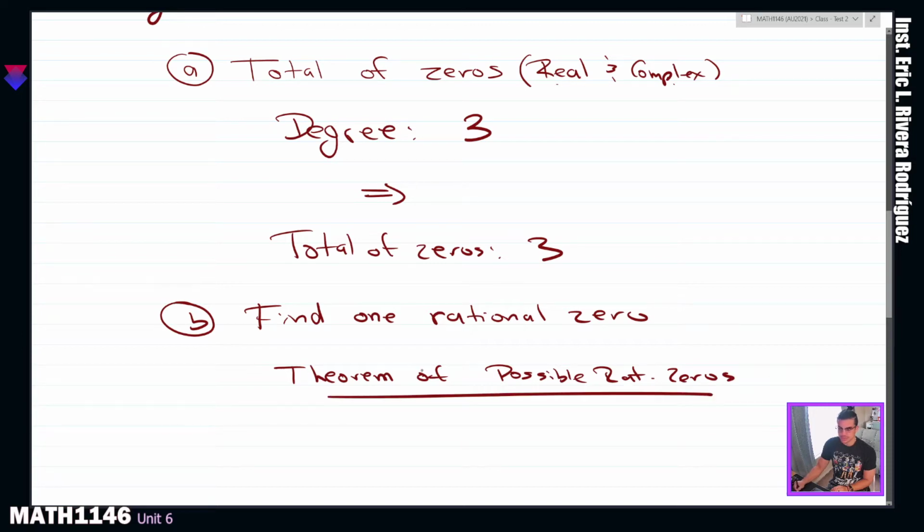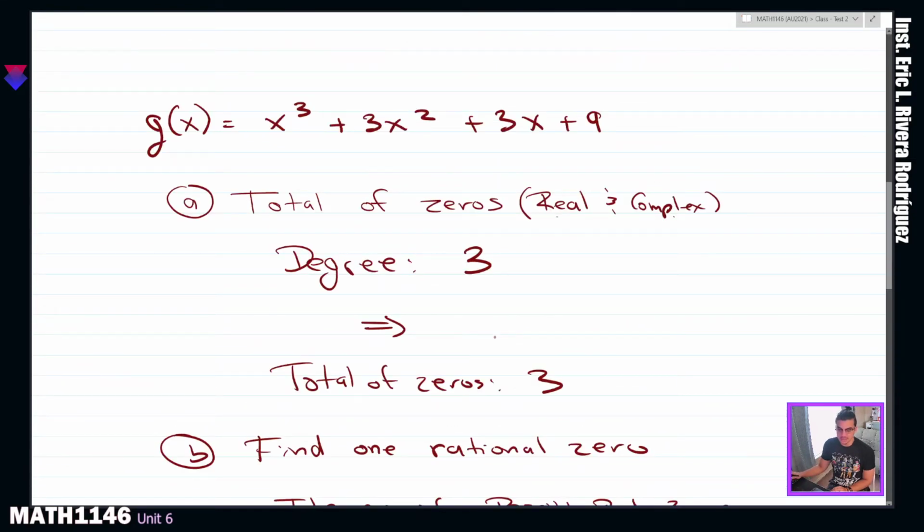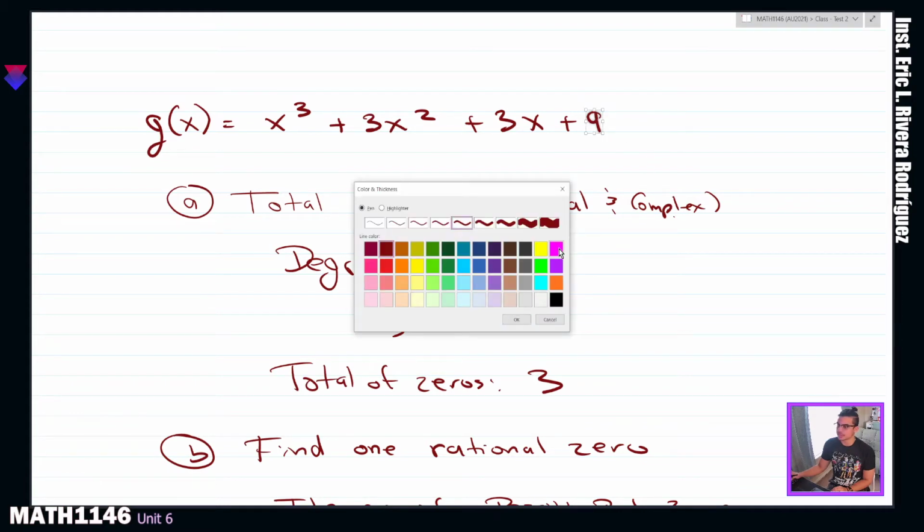What does this theorem say? It says that we can create a list of possible rational zeros based on the leading term and the constant term of any polynomial.